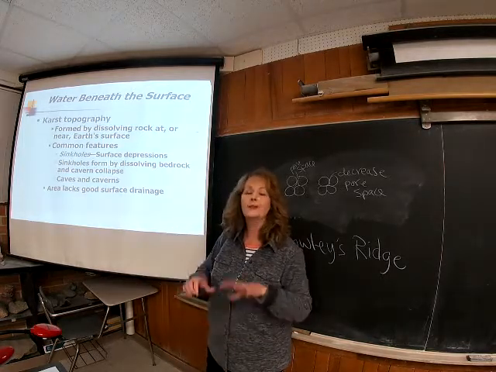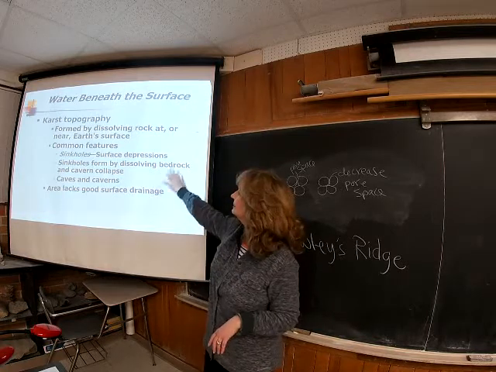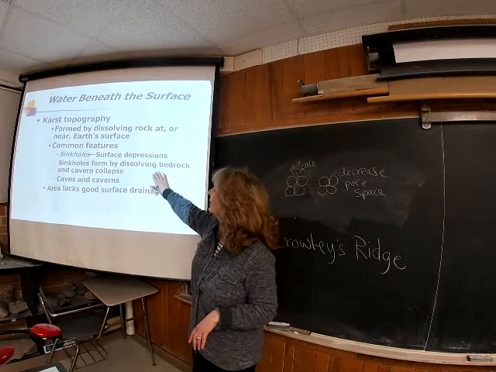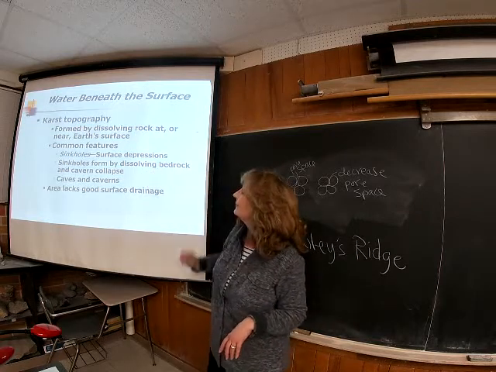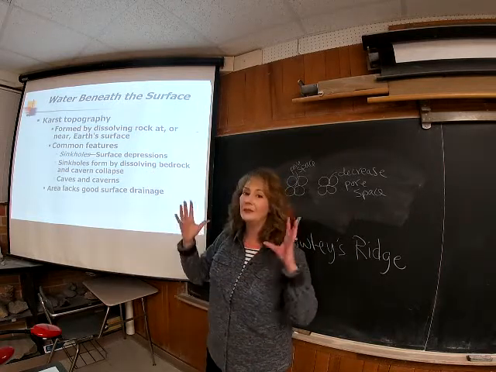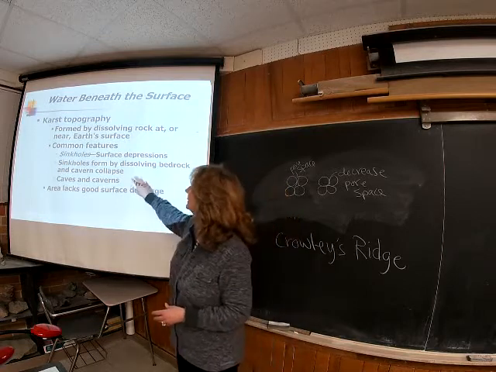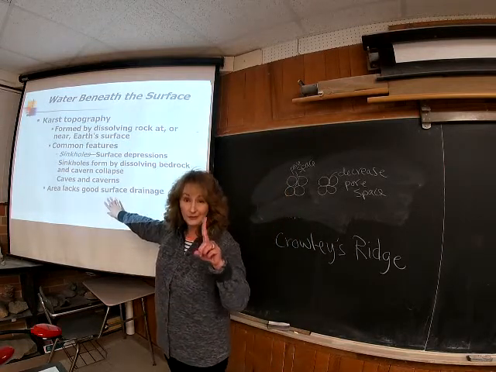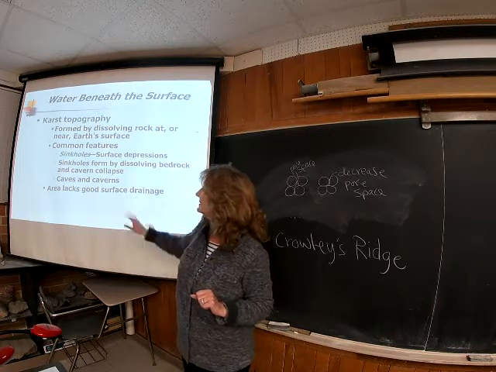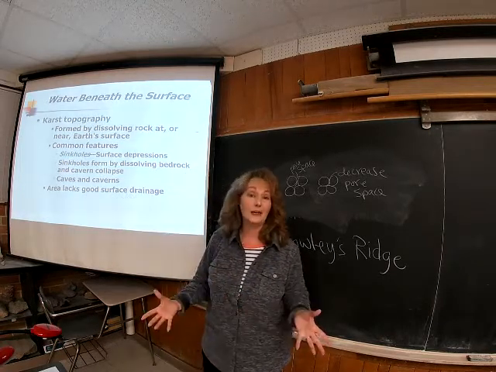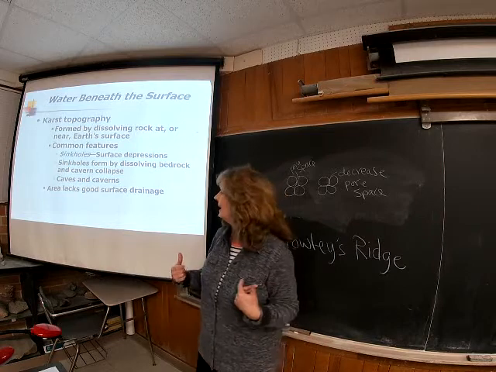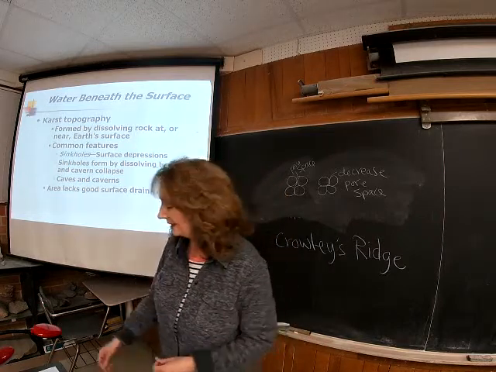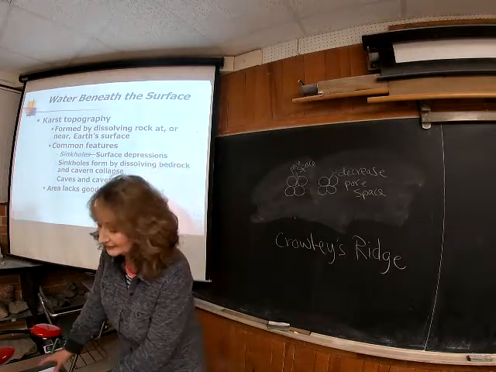There's a little cavity under there, and the weight of that material above it becomes too heavy over time. And so sinkholes are formed by the dissolving of the bedrock beneath, and then the cavern ends up collapsing. So you'll find that too. We're talking about Florida here. Areas that lack good surface drainage, right? So you've got regions that make that unstable under there, and you can get some sinkholes out of this.